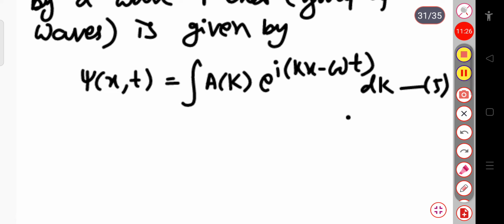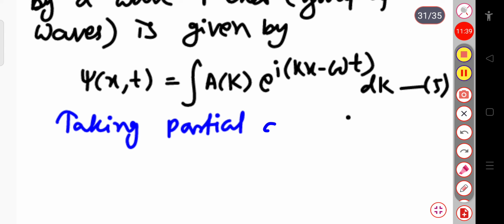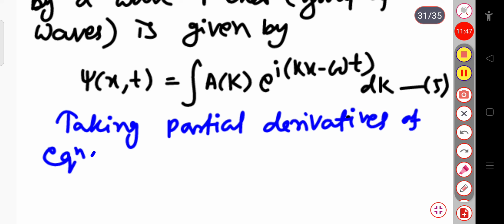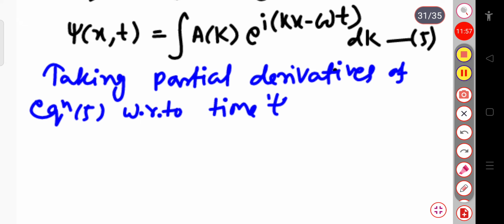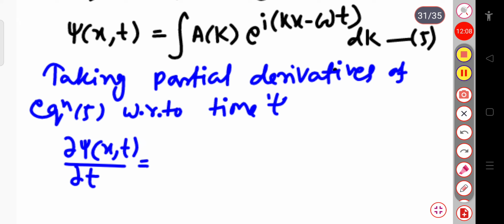Now if I take the partial derivatives of this equation 5 with respect to time t, then this will be equal to, this is simply ∂ψ(x,t)/∂t, that is equal to the integration over a(k).